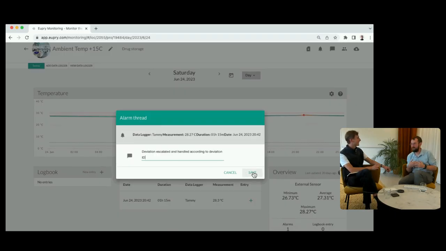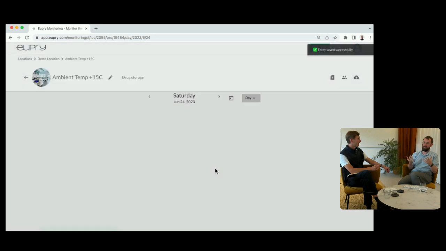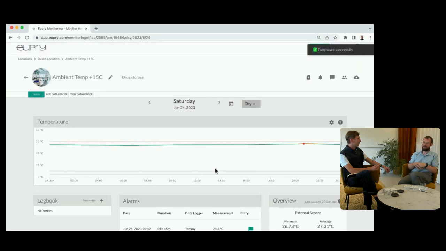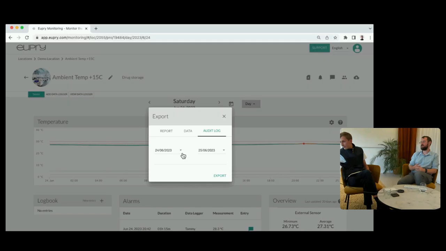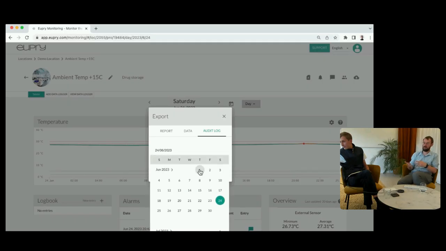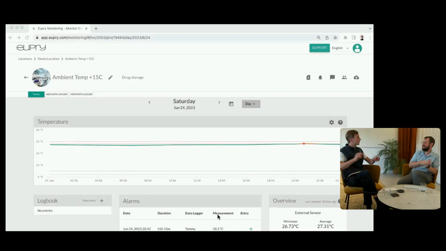Of course, we would never advise not adhering to the ALCOA principles. But when using a digital system that's compliant with Part 11, it's not really possible to backdate things. It's not possible to change original records.